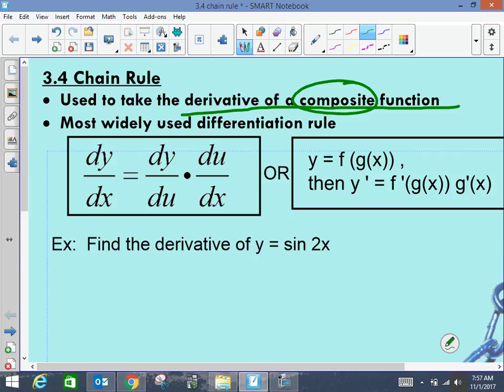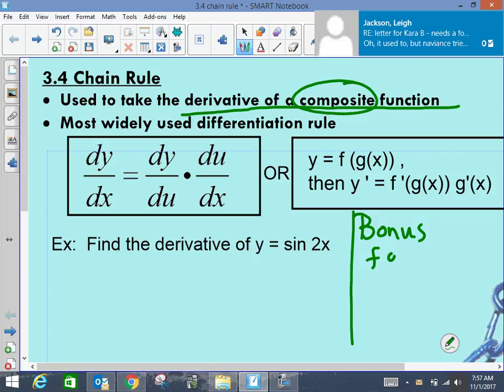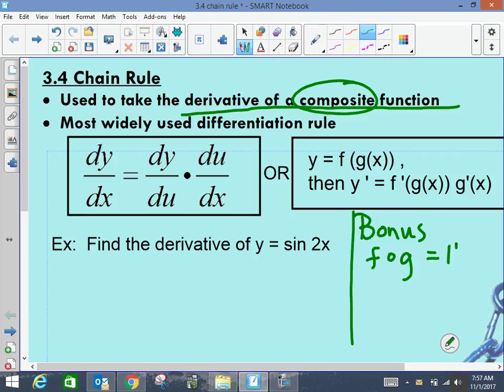On the last test, I gave you a bonus. I don't know exactly what it was, but it looked something like: find the two functions f and g that make up h, and f and g cannot be equal to h.